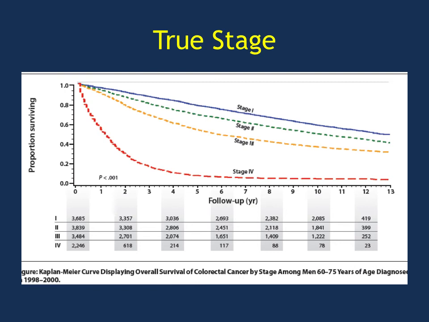So if you look at Mr. A's case, he was stage 3. And if you follow the line over, patients with stage 3, and again, this is overall survival, so people could be dying from cardiovascular or other diseases. So in this graph, it says they have about 60% survival. I would say classically, we say stage 3 patients have about 30% chance of recurrence, or 70% survival without recurrence, or cancer-related survival.